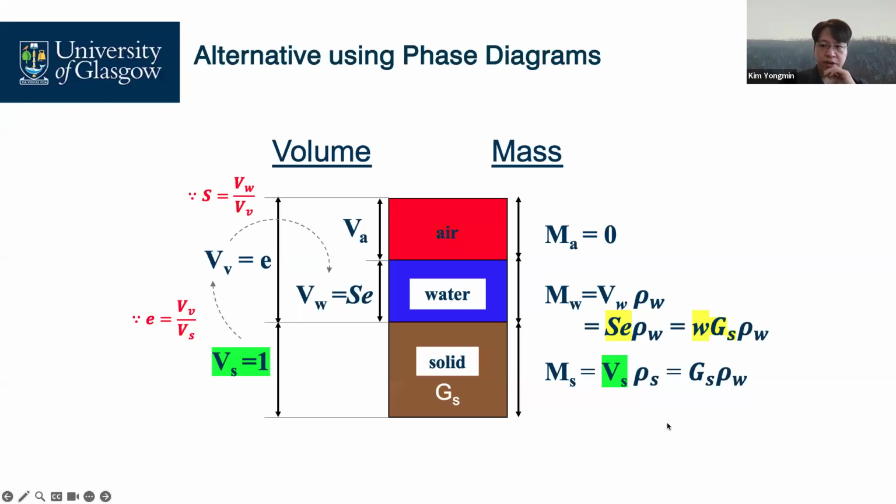Let's see these phase diagrams. Same soil volume, void volume, soil mass, water mass, and air mass equals 0. Starting with a unit volume of soil here. Just assume, Hi Prof, I want to assume total volume equals 1. Yes, you can. But right now, we assume the soil volume equals 1.